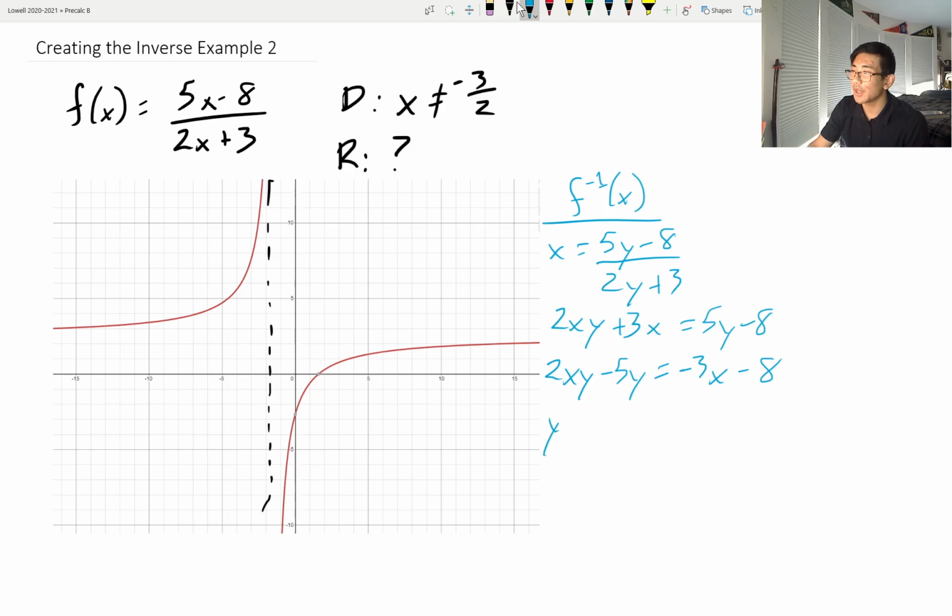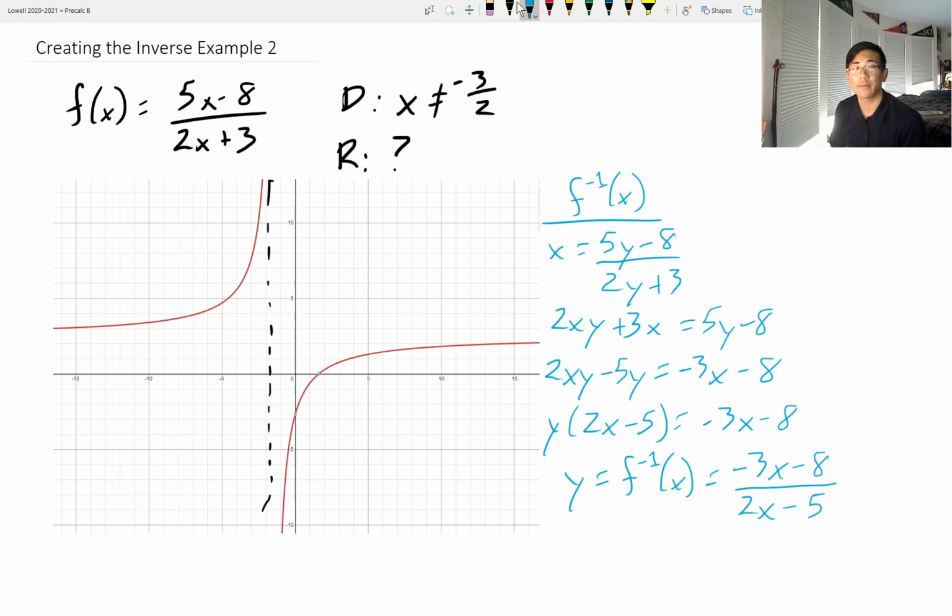So we'll have y times (2x minus 5) is equal to negative 3x minus 8. And finally, y, which is really f inverse of x, is equal to (negative 3x minus 8) divided by (2x minus 5). Okay?